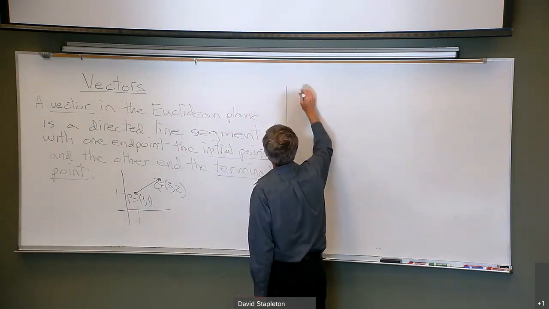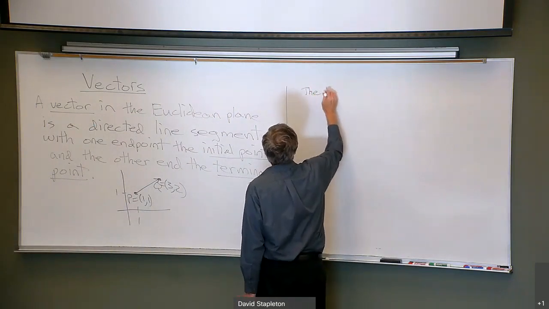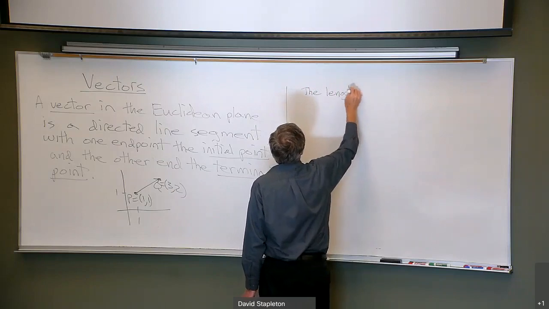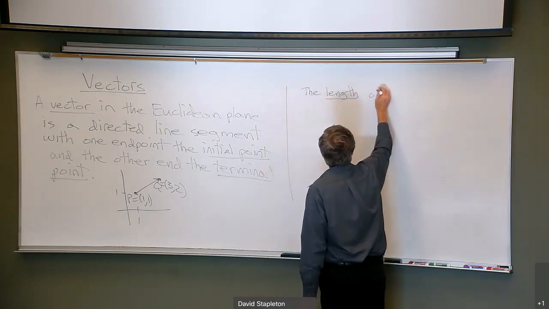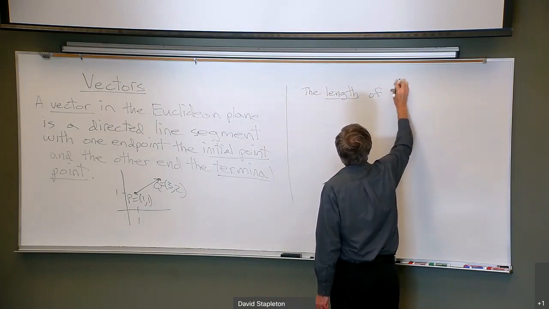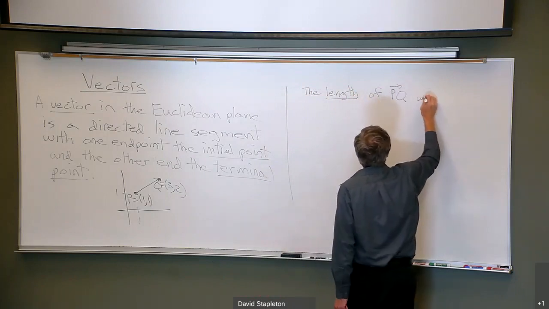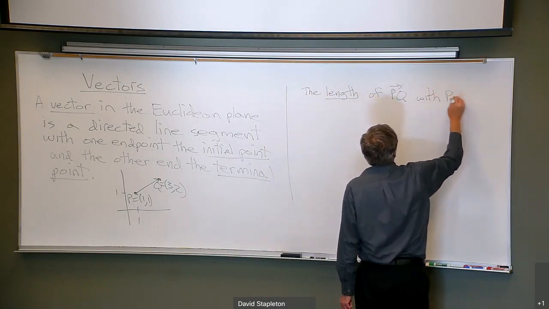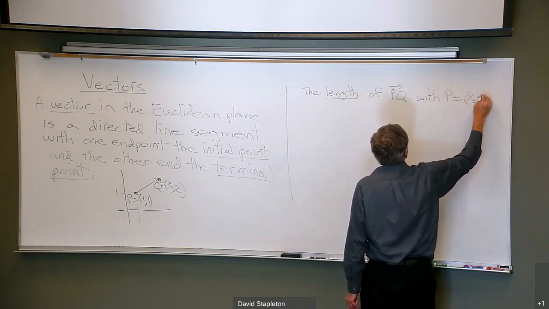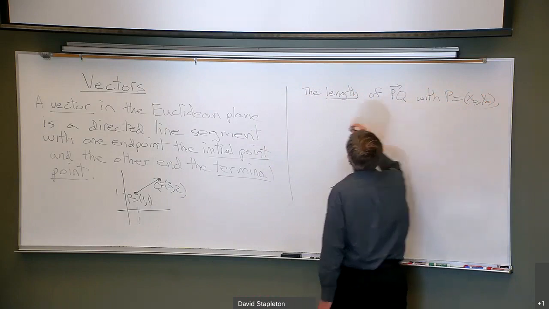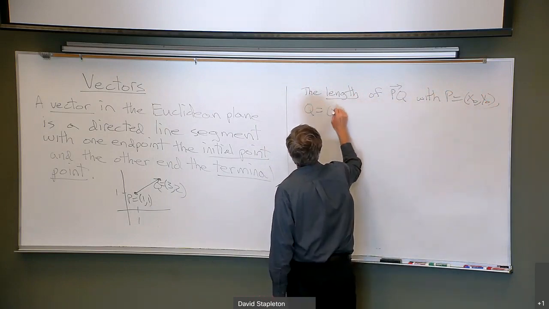Then we can ask, what do we mean by the length of a vector? Suppose I have a vector from P to Q like that, with the coordinates of P being x0, y0, and Q having coordinates x1, y1.